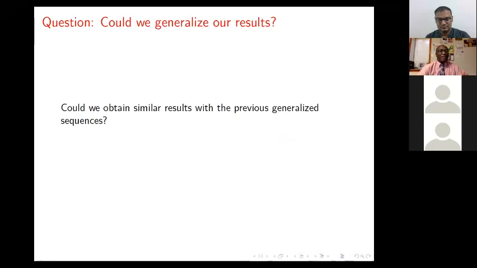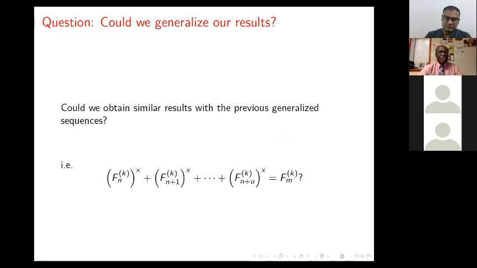So my question is, could we obtain a similar result with the previous generalized sequence? In other words, can we study this equation here? In fact, it is possible. First, you need to know where to stop. That is why I put U here.